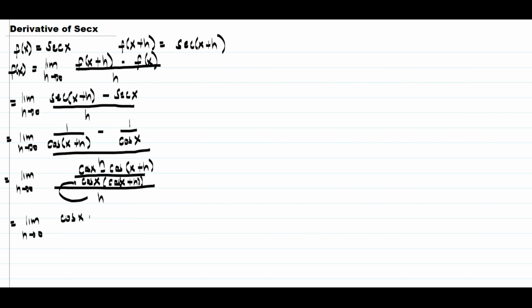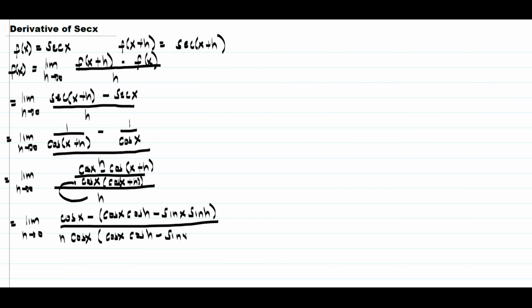Since we have cosine (x + h), let us use the sum identity for cosine: cosine x cosine h minus sine x sine h.